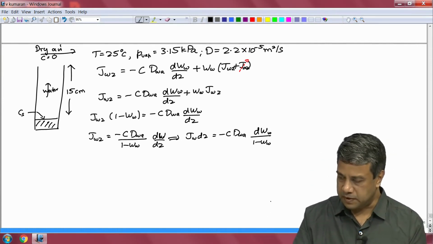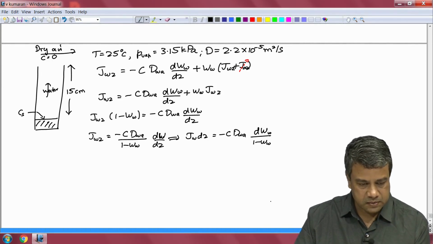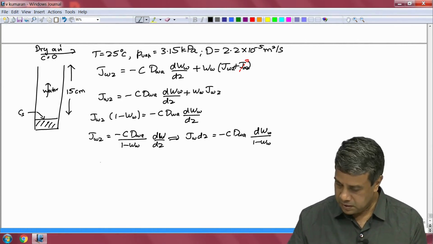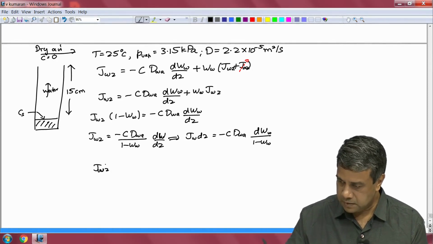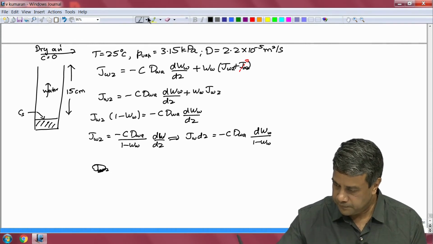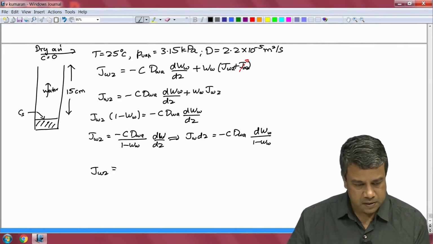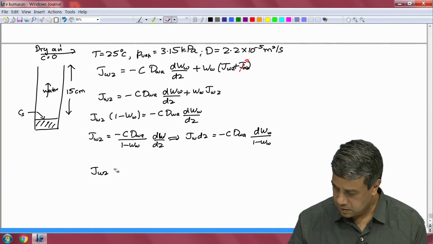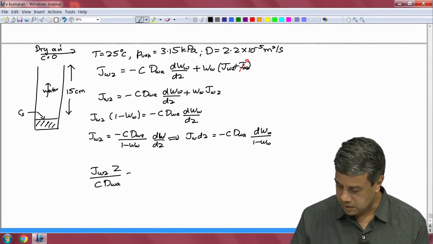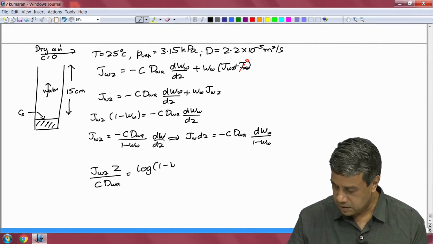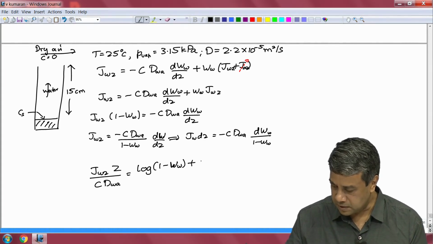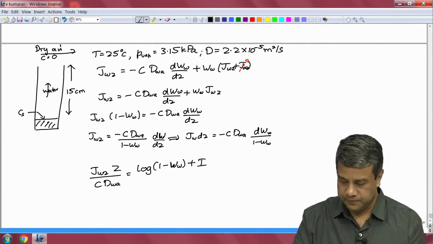Integrate this once and you will get JWZ into Z by C dWA is equal to log of 1 minus WW plus some constant of integration.